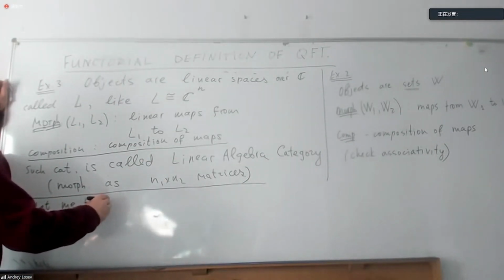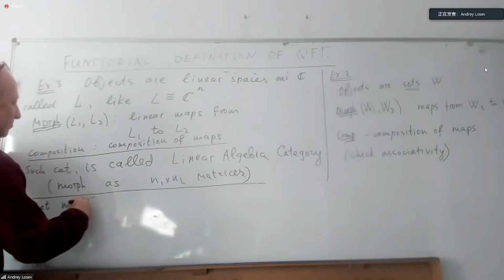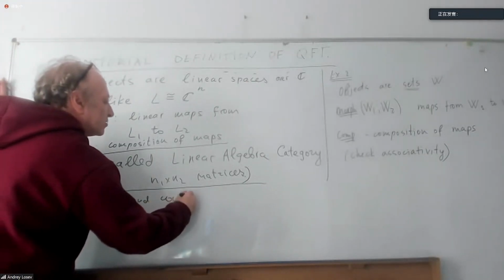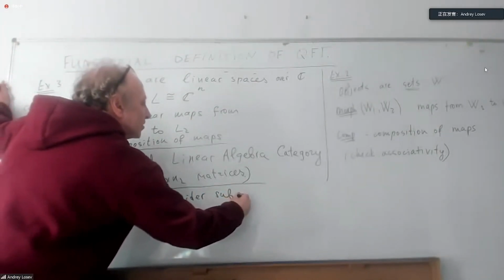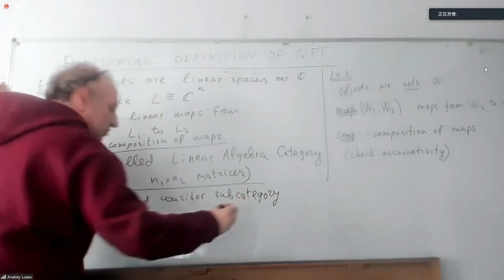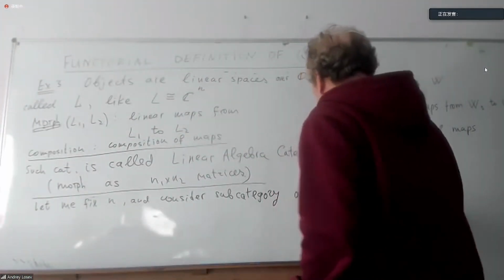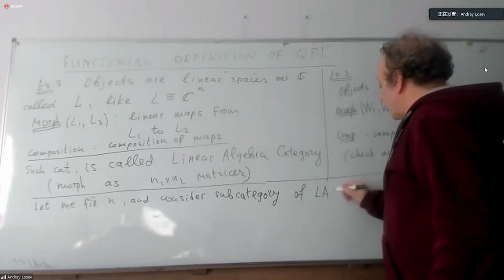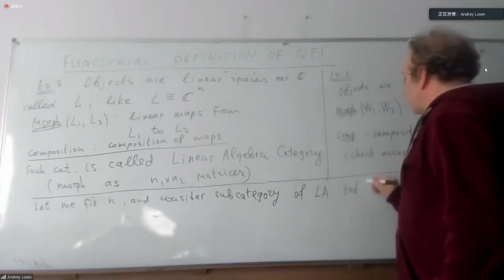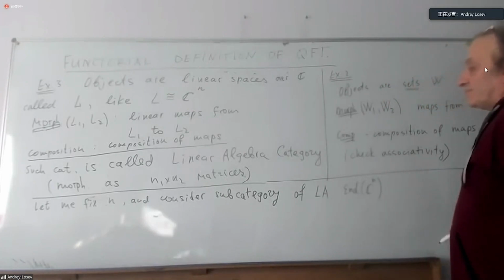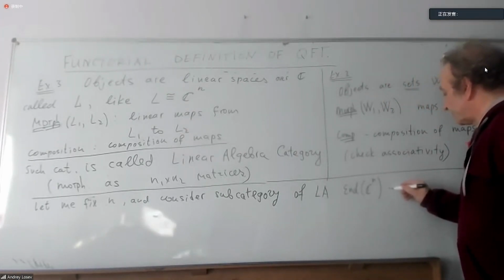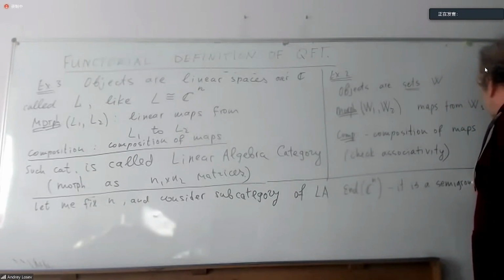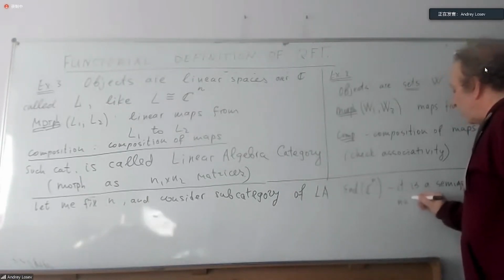Let me fix N and consider a subcategory of linear algebra. That would be endomorphisms of C^n. It is a semigroup of N by N matrices.